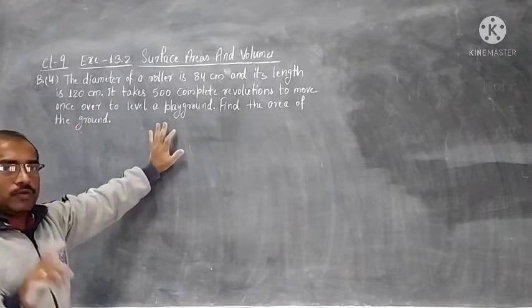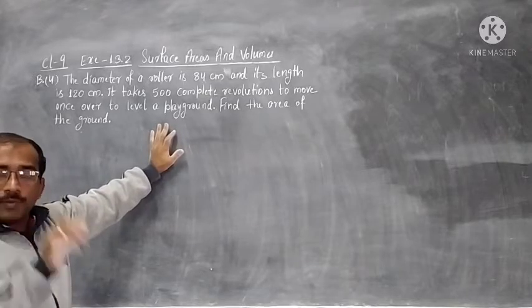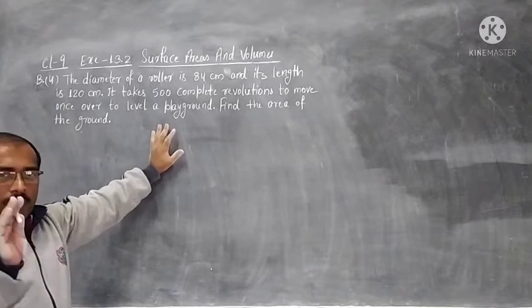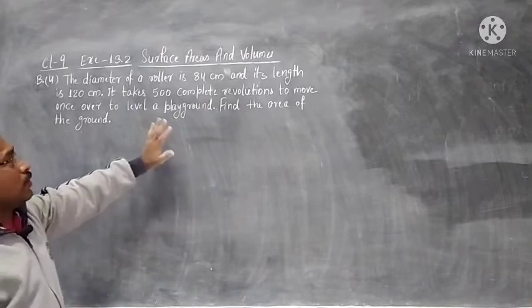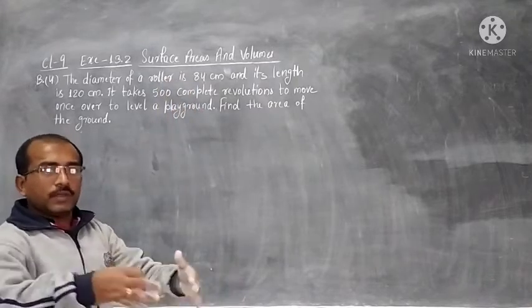Usually if we measure the length and breadth of a playground, we will be finding the area. But we do not know that. What we have noticed is the dimension of the roller, which is leveling the ground.